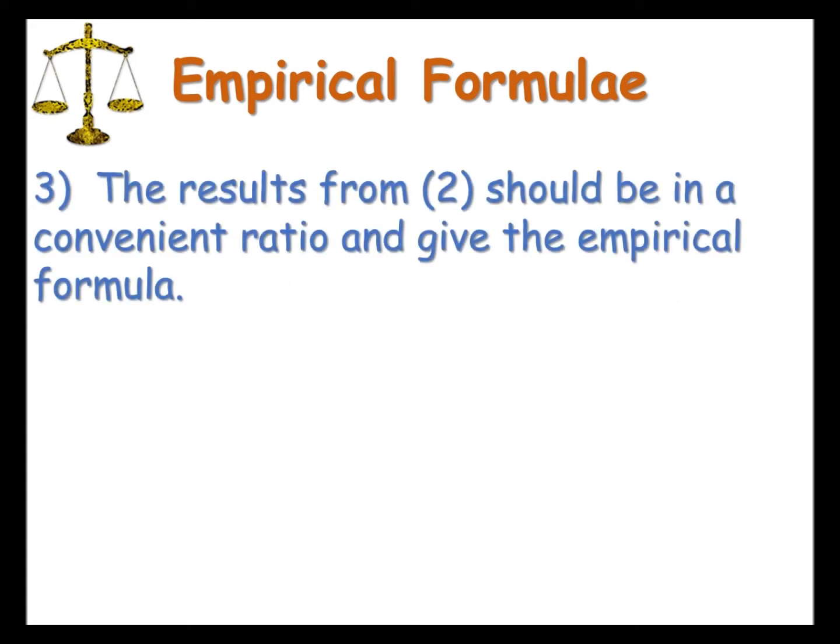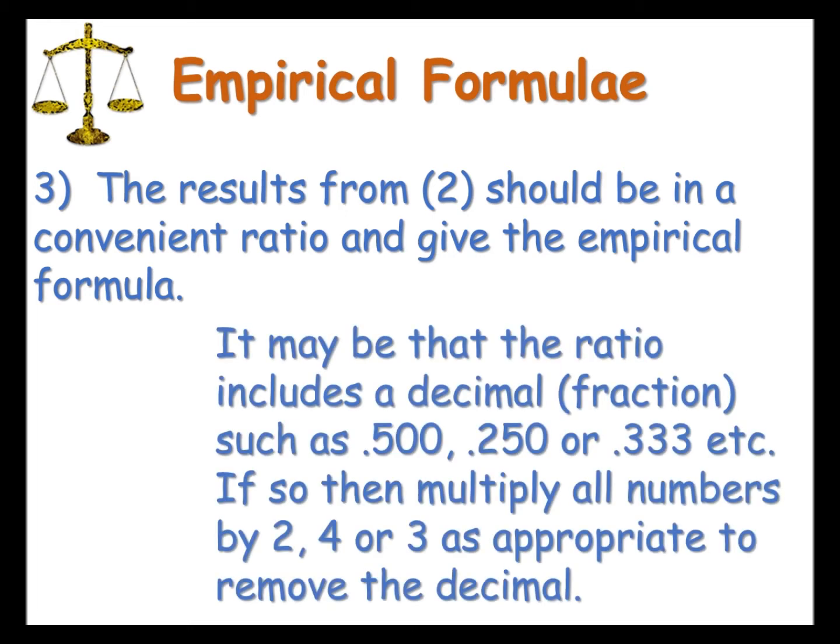So once we have these results, we should have these in a ratio that lets us put it into an empirical formula. And that ratio could have a decimal. For instance, if we had 14 divided by 4, right? So if our ratio was 14 to 4, 4 being the small number that we divide, we would see that this ends up giving us 3.5, which is not a whole number.